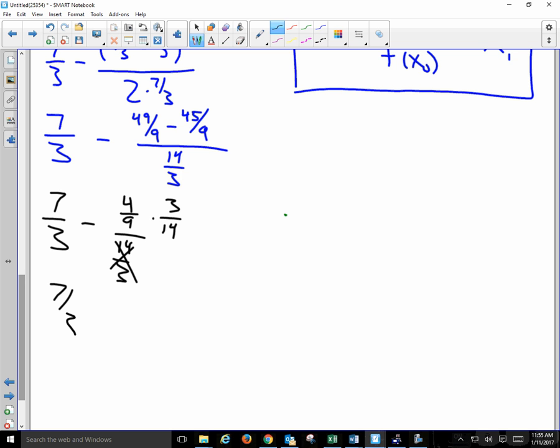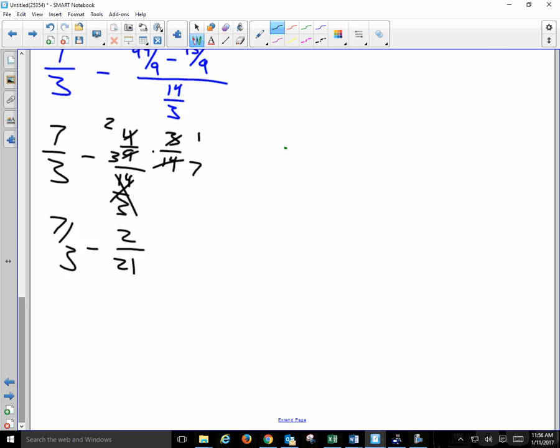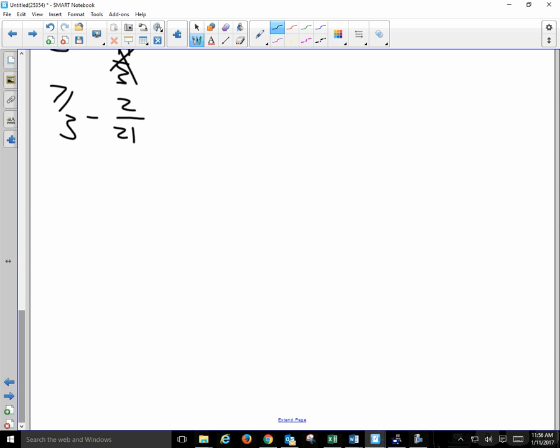So I have 7/3 minus, see, the 4 over 14 is 2 over 7. 3 over 9 is 1 over 3. So 2 over 21. Common denominator is 21. So I've got 49 over 21 minus 2 over 21 is 47 over 21.